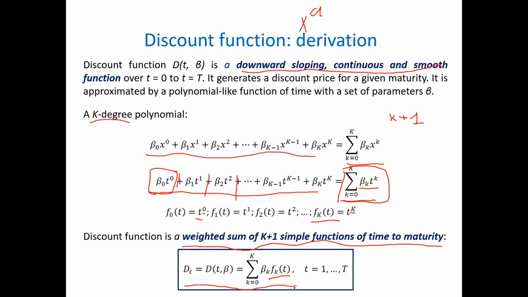Now, this is the specification of the discount function, and we are going to use this specification to find dt. In order to find dt, as you can see, we only need to find slope coefficients because power functions are quite known. You just count time to maturity, from the nearest maturity to the largest maturity, this is easy.